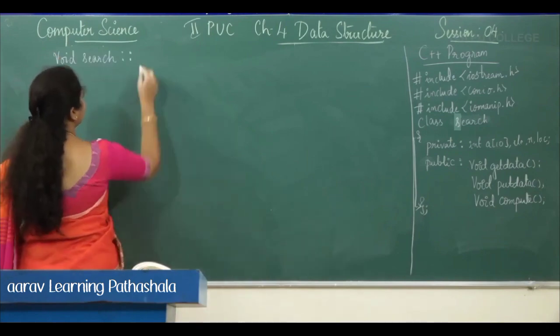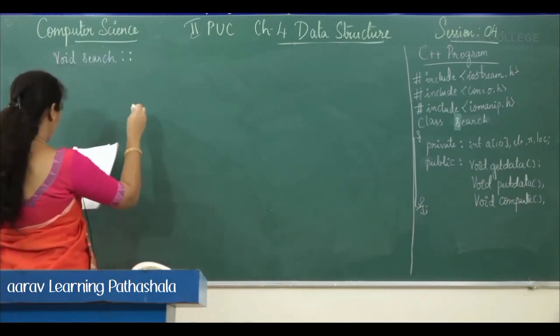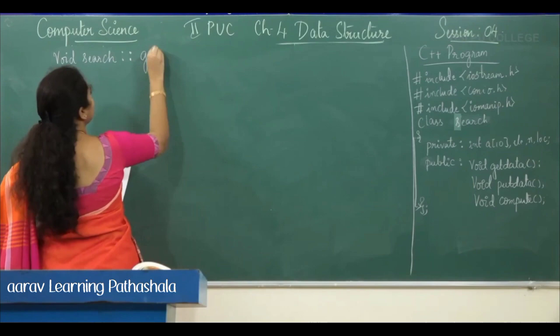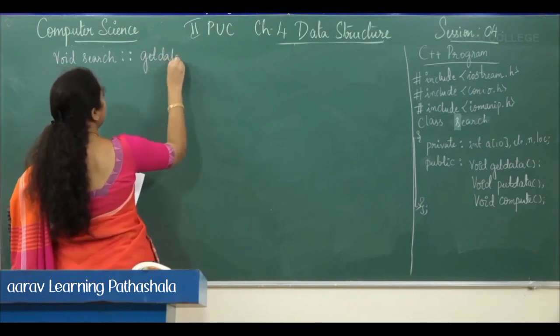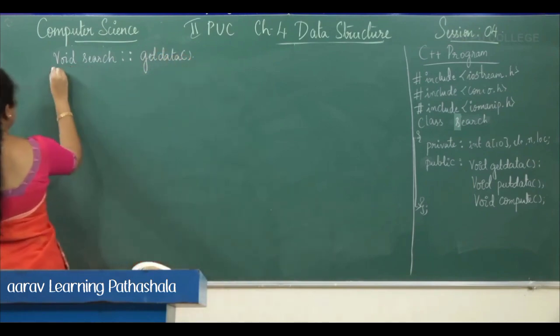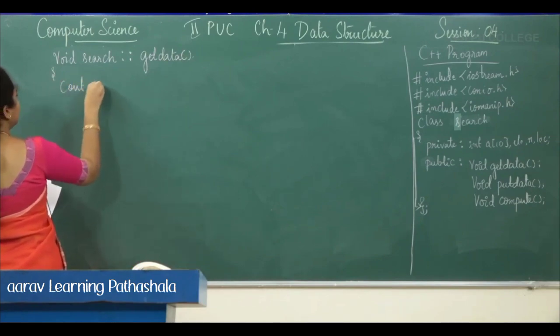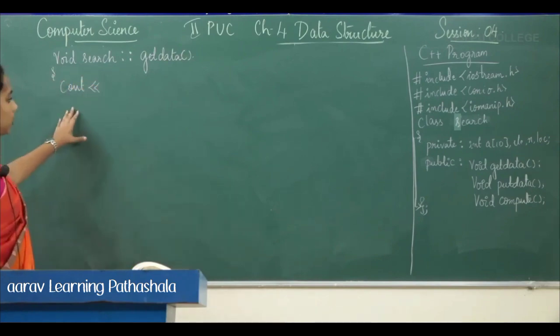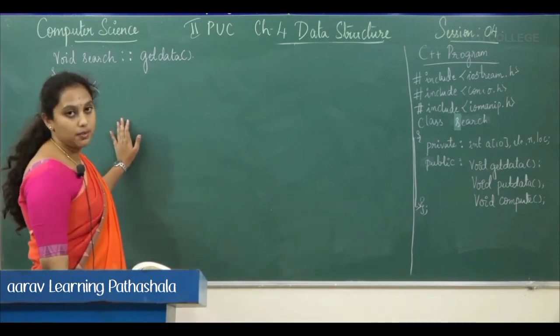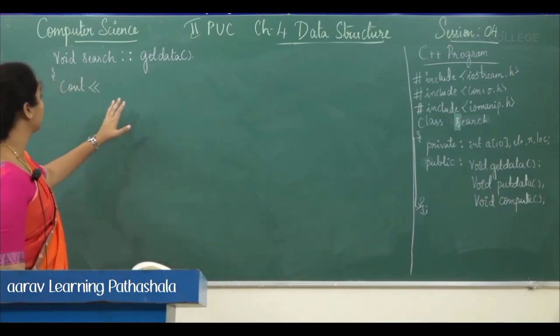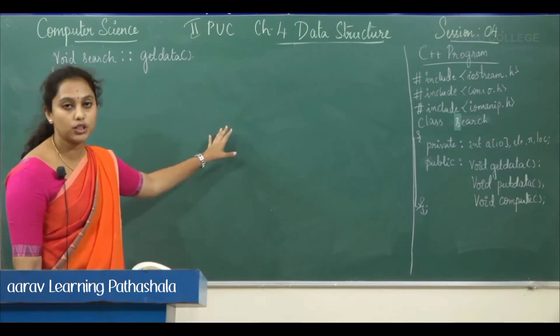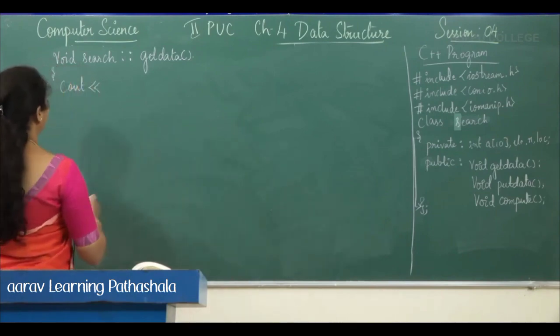Void search scope resolution operator, then write the function name get data function. So cout statement is used to display the data on the monitor.